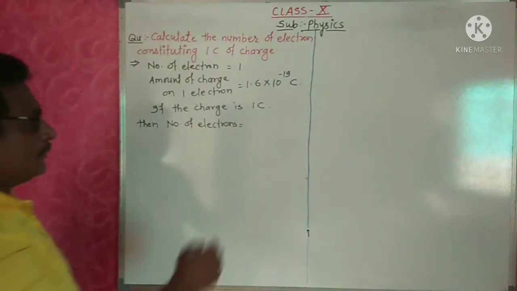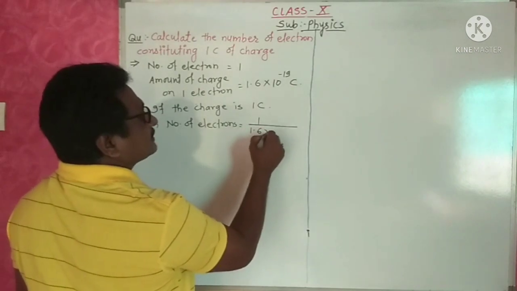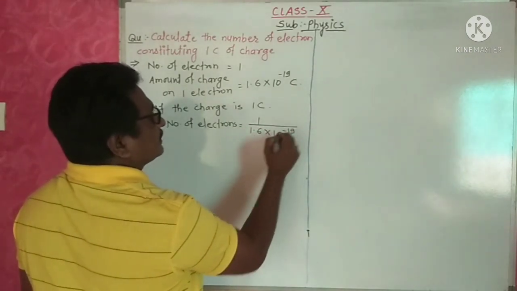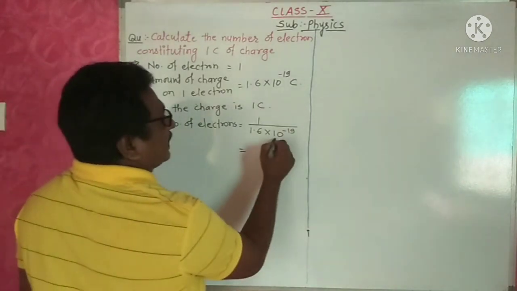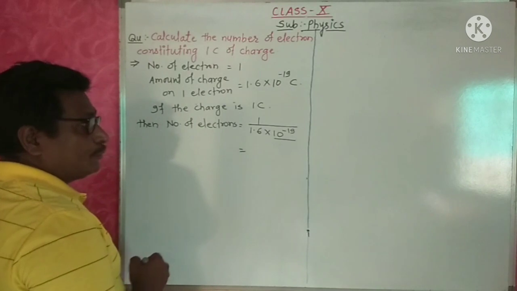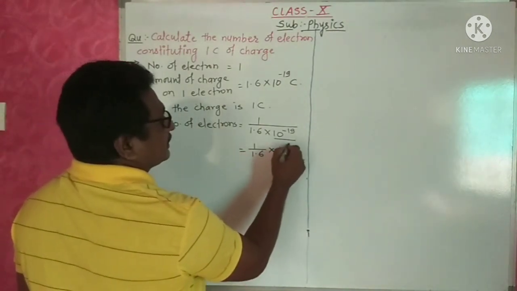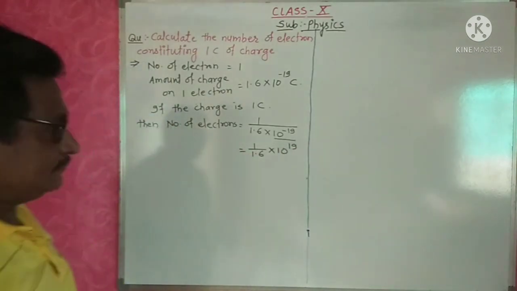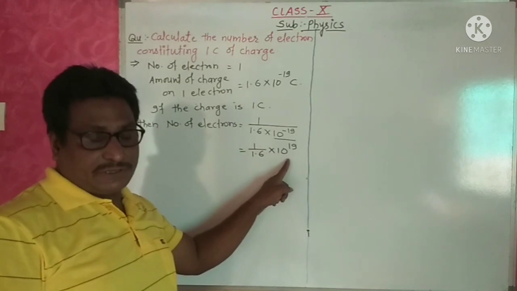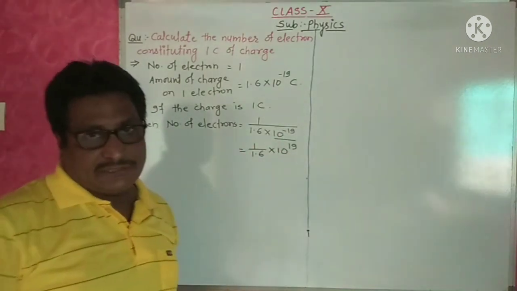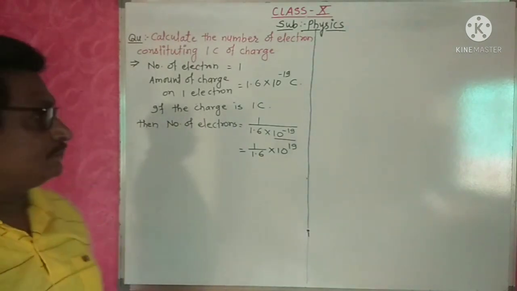So how much is the number of electrons? 1 by 1.6 into 10 raised to the power minus 19. So if we transfer this according to the laws of exponents, what will we get? 1 by 1.6 into 10 raised to the power 19. In 9th standard we studied laws of exponents. There, if the power is negative, how to make it positive, that we discussed.